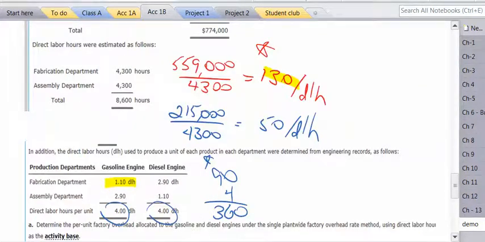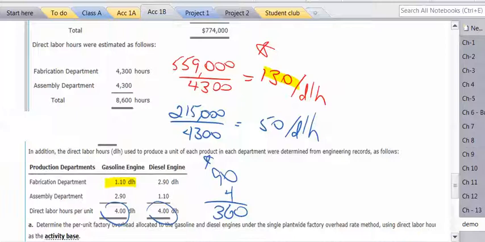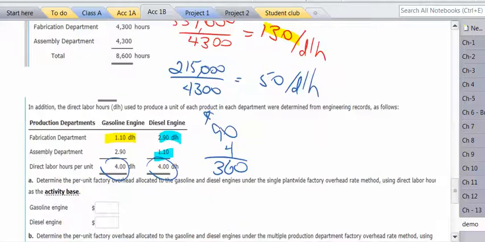While we're here, let's go ahead and use the numbers to calculate for the diesel. The diesel uses 2.9 at 130 and 1.1 at 50.